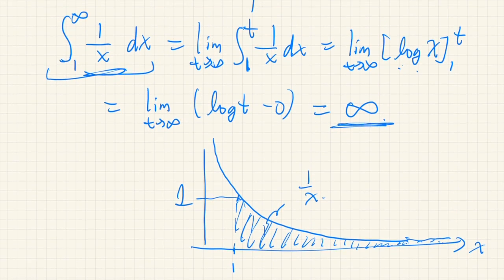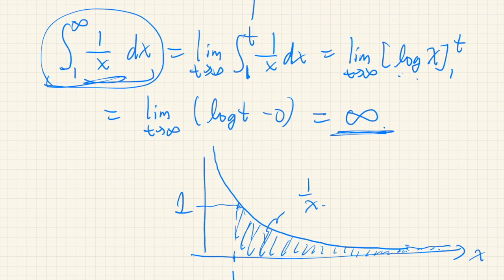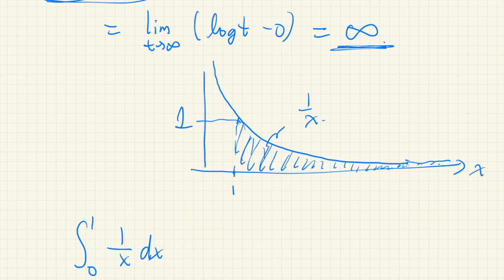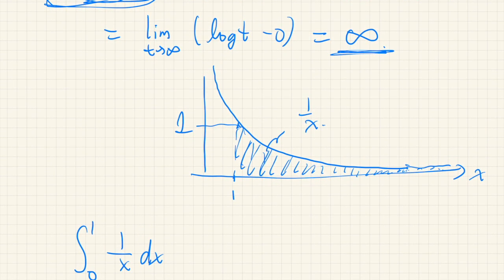And okay, again, consider this. Next one is an exercise. Consider this integral 1 over x, again 1 over x, but from 0 to 1. Okay, so using the same figure, now we want to calculate this area. And you should show that this is also infinity, so it diverges.